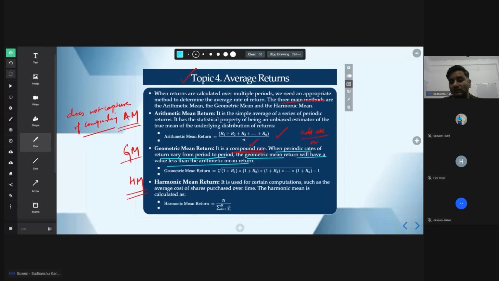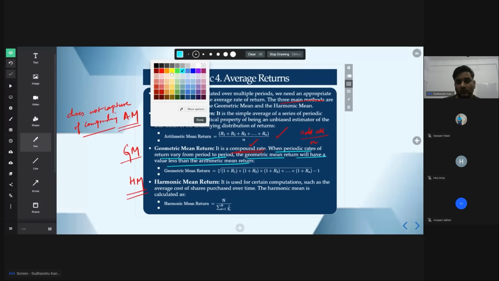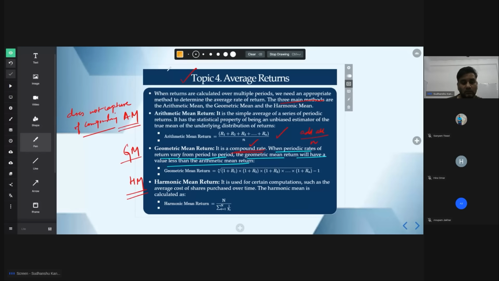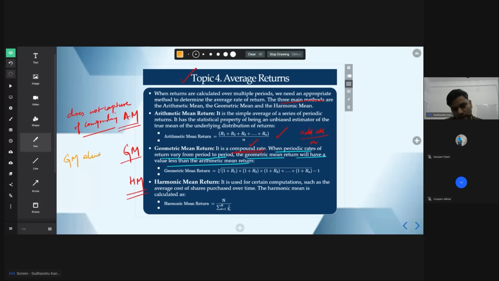See, arithmetic is a simple average. Geometric, when there is a lot of variance, right? The general idea here is, let me write down, geometric is always less than the arithmetic mean or arithmetic return, unless returns are identical, right?